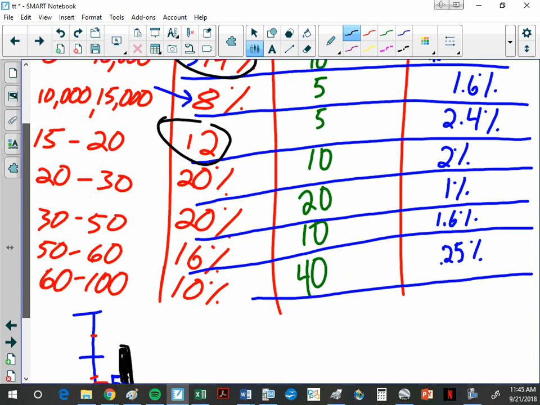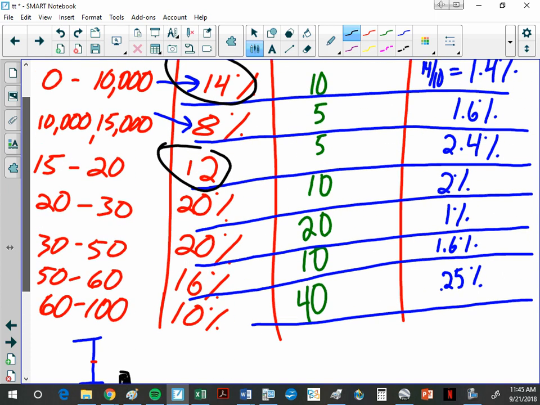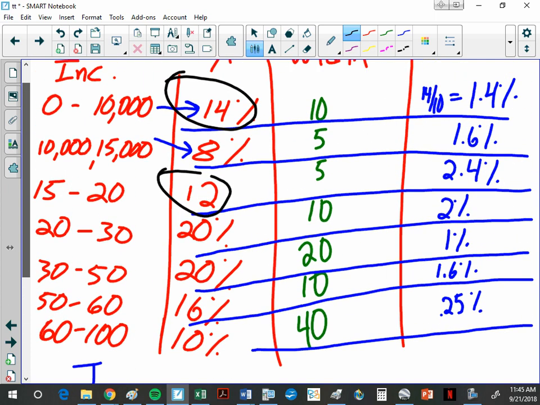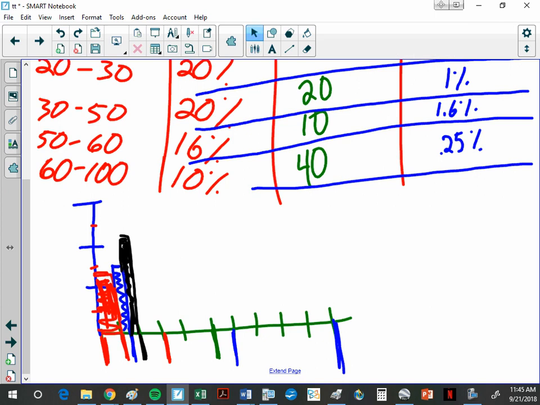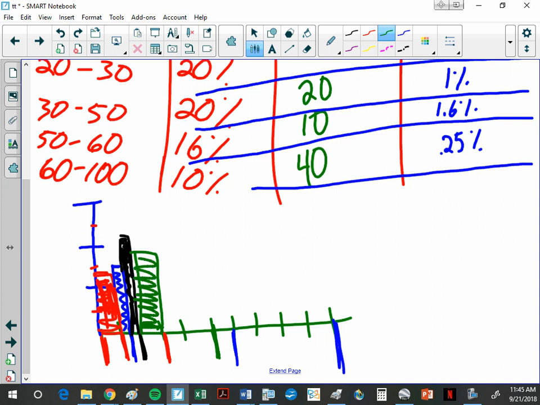Okay. All right, and then the next red one is going to be 20%, width of 10. So we go up to 2. And that has more area than the red one because it has the same width, but it's taller.